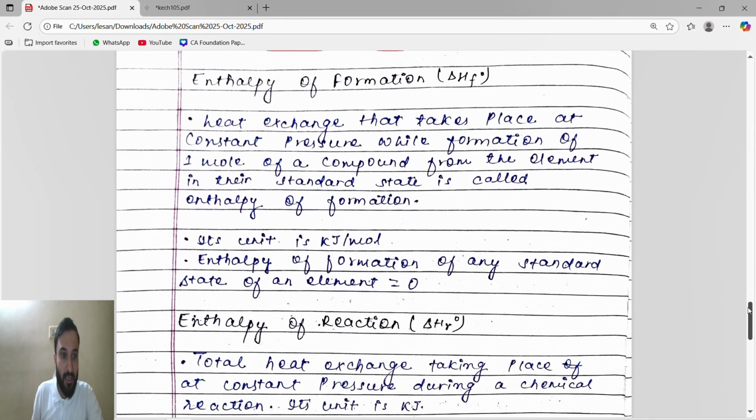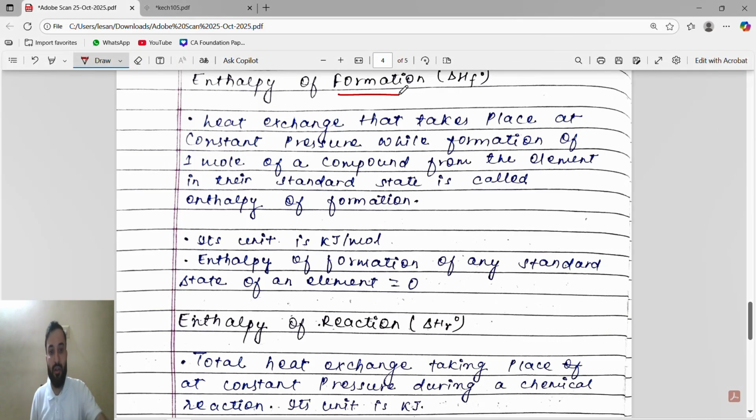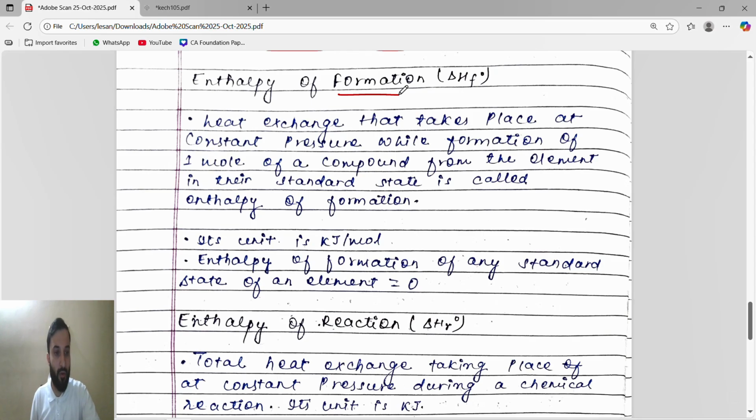Okay, next we will see enthalpy of formation. Here H means enthalpy, and this is the standard enthalpy of formation.